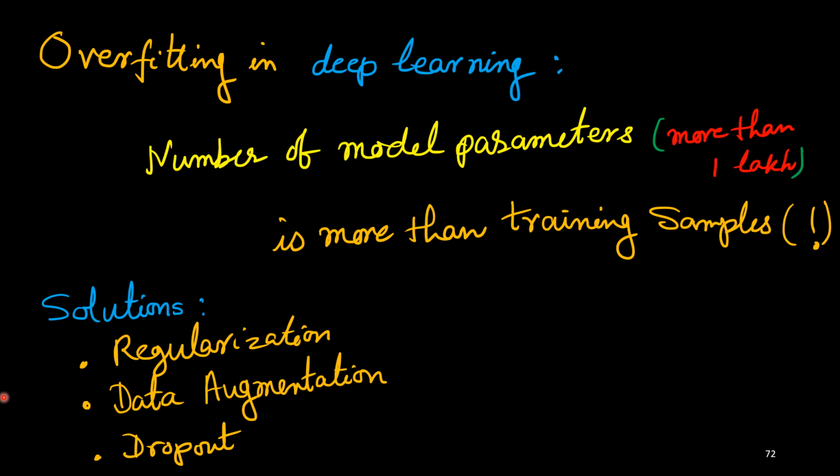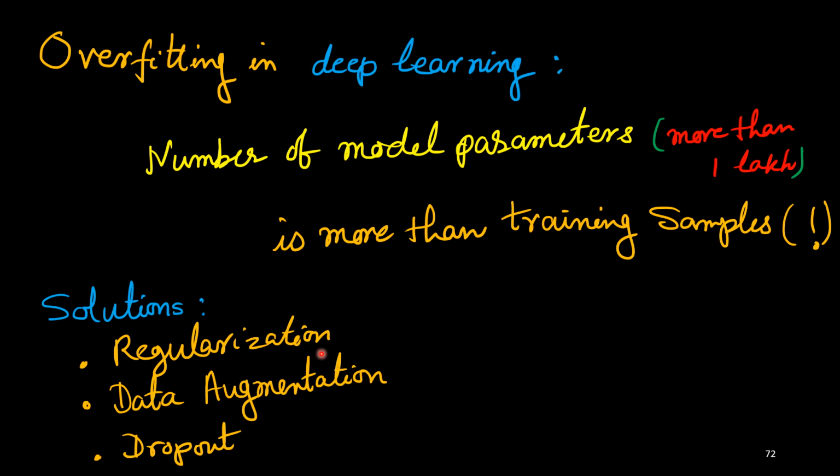Suppose only 10,000 or 5,000 samples are available, but model parameters are 1 lakh or more. In that case, obviously you will get overfitting, because if you use the gradient descent algorithm, it will go for overfitting. So to find solutions, we can use regularization techniques like ridge regression.